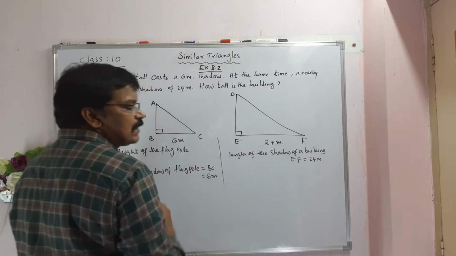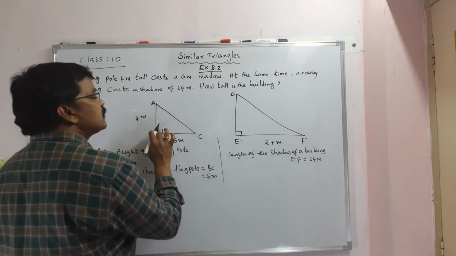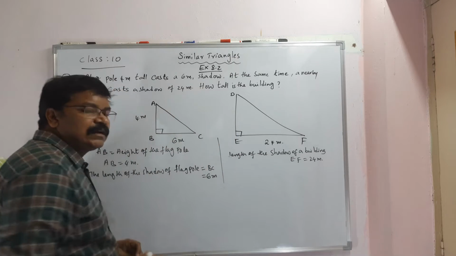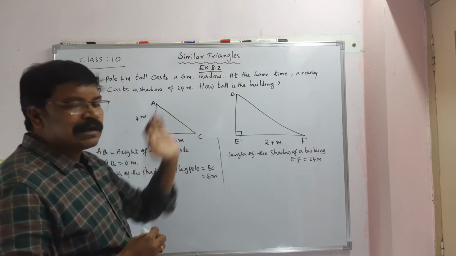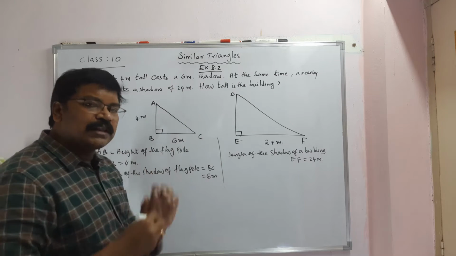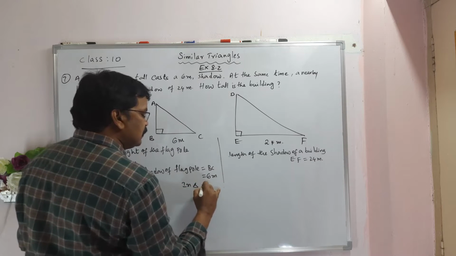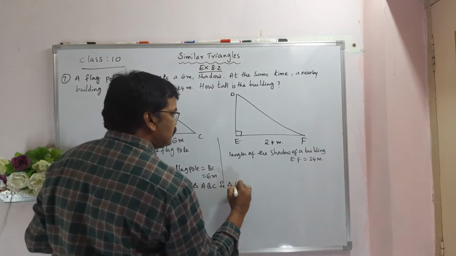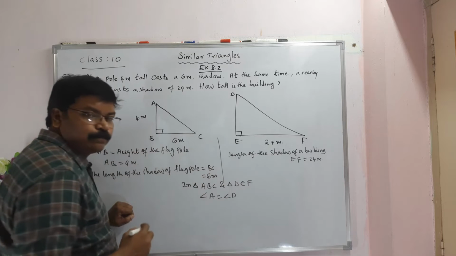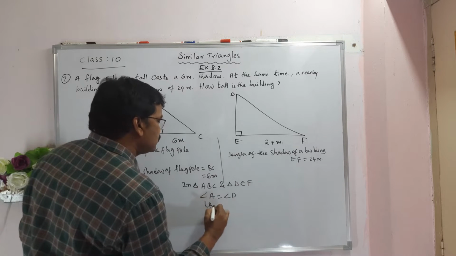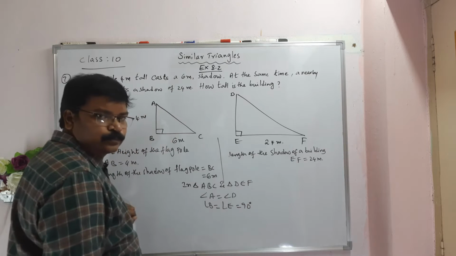Both the triangles are similar to each other. Why? Here this is a right angle, and angle A and angle D are equal. At the same instance, both the vertical angles are equal. That means in triangle ABC and triangle DEF, angle A is equal to angle D and angle B is equal to angle E, which is 90 degrees.